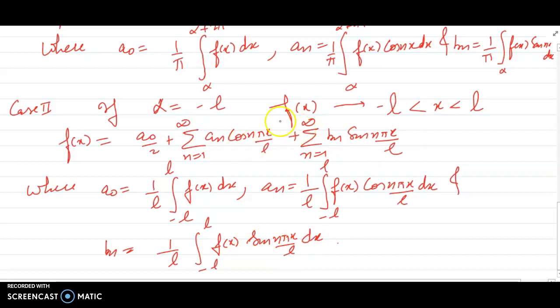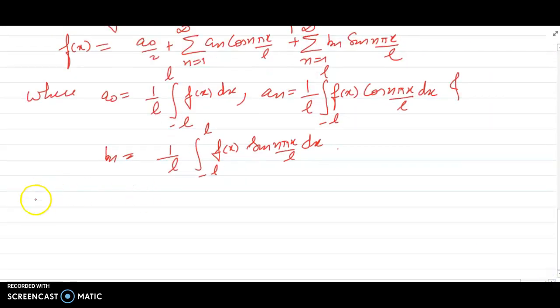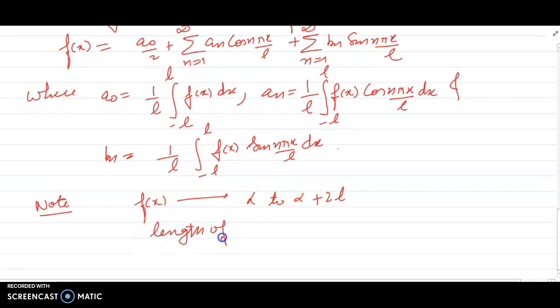Similarly, we can generate other cases by giving values to alpha and by assuming different values of l. But do remember, as a note, for the expansion of f of x within the interval alpha to alpha plus 2l, the standard length of the interval is always taken as 2l.